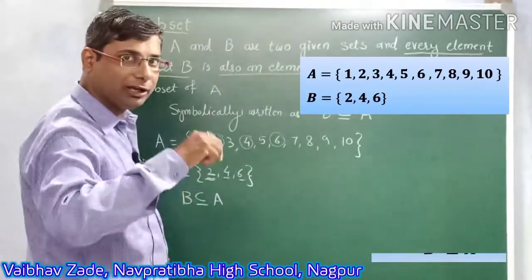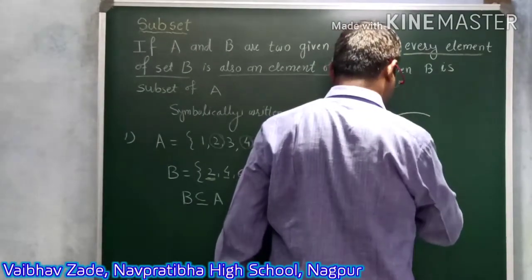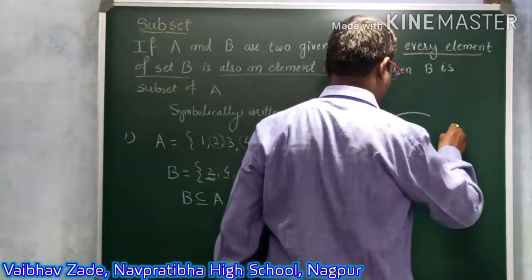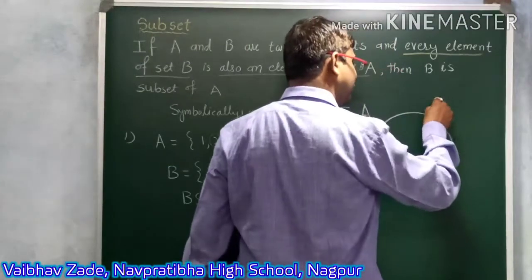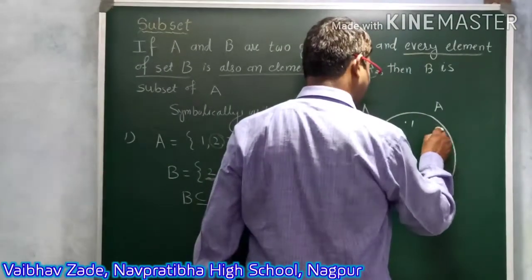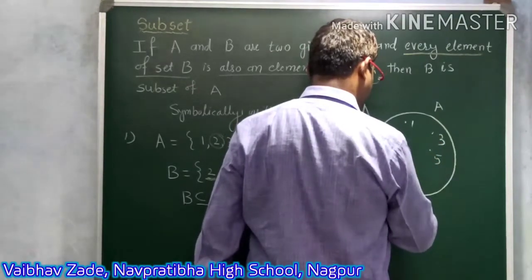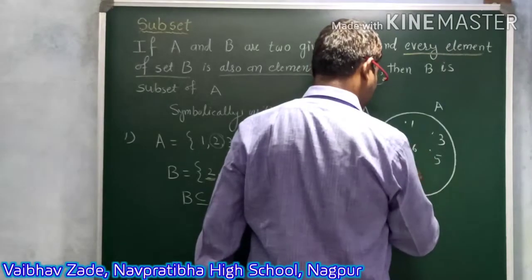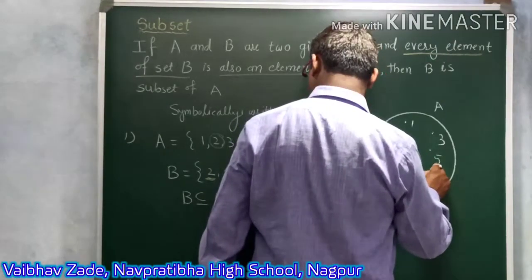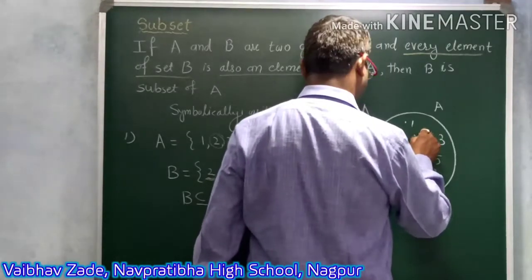Now, by using a Venn diagram, how can I show that? Let's see the Venn diagram. This is your set A. I represent 1, 2, 3, 4, 5, 6, 7, 8, 9 and 10.